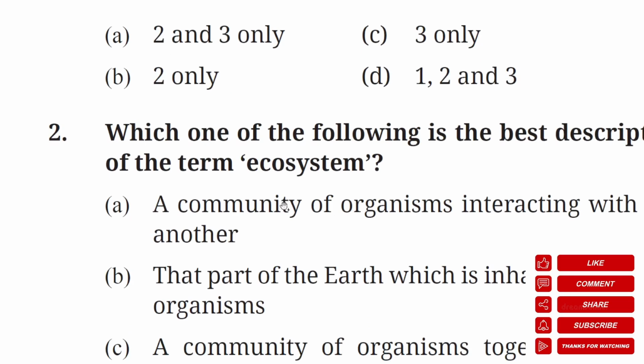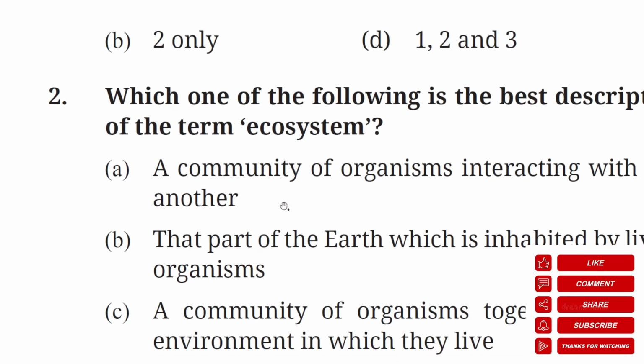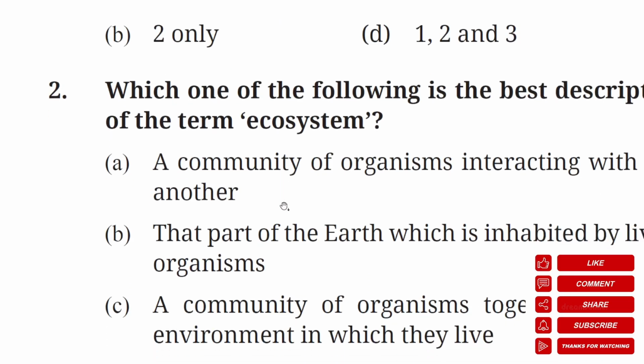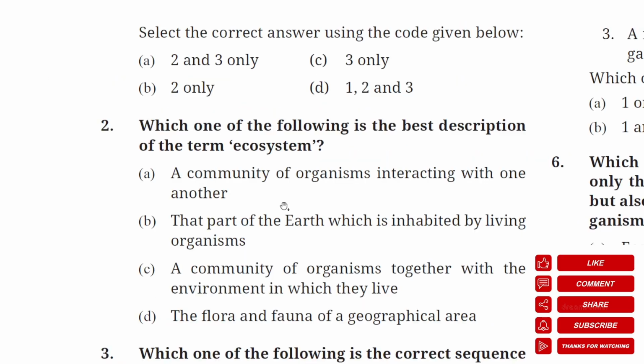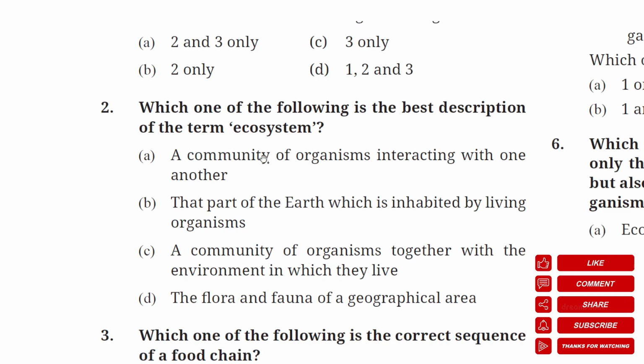Question number 2. Which one of the following is the best description of the term ecosystem? A community of organisms interacting with one another, that part of the earth which is inhabited by living organisms, a community of organisms together with the environment in which they live.